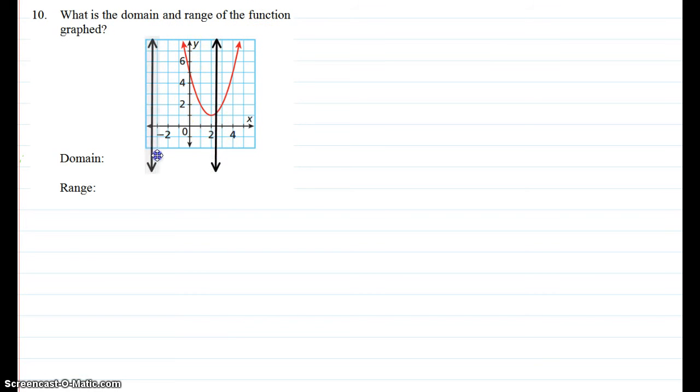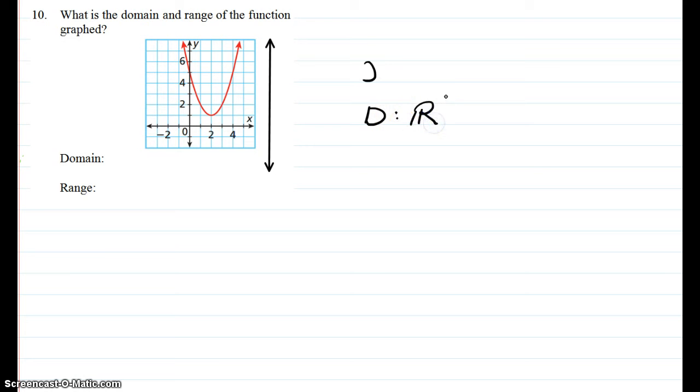Right now, even though it doesn't look like it's touching the red, this would expand out and it would touch. Is there any place where that vertical line and the red parabola would not touch? The answer is no, they always touch. So the domain for this function is all real numbers.